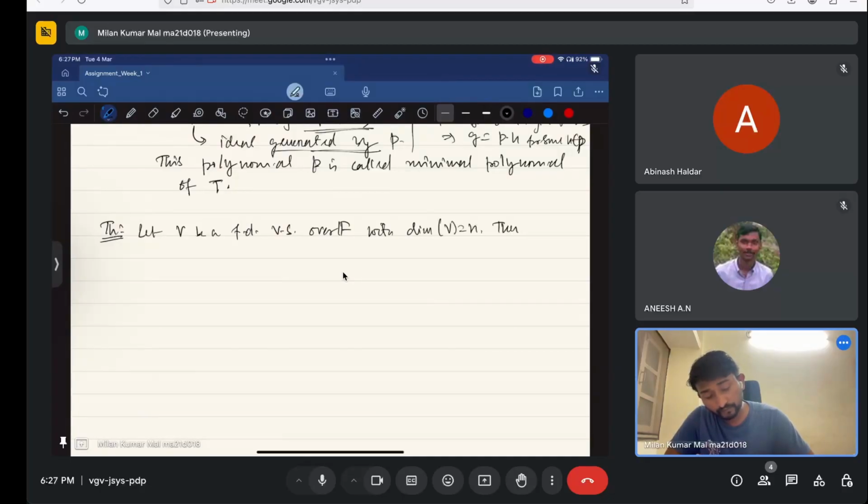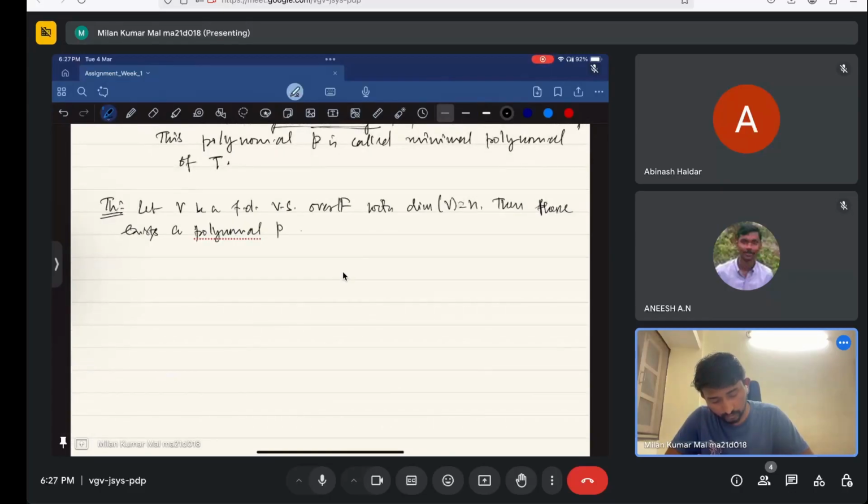Then there exists a polynomial P with the coefficient of the highest degree term equal to 1.